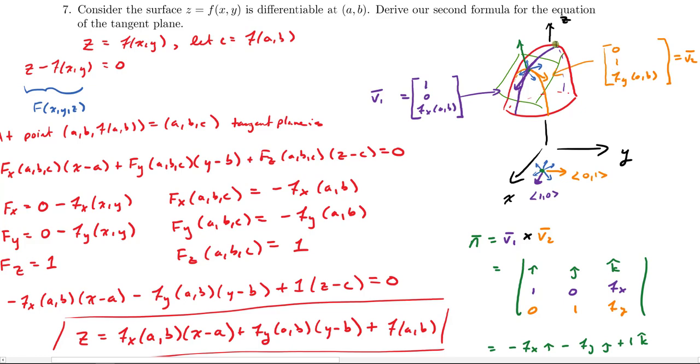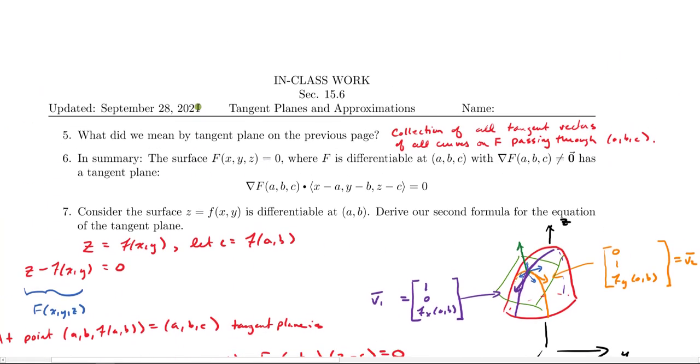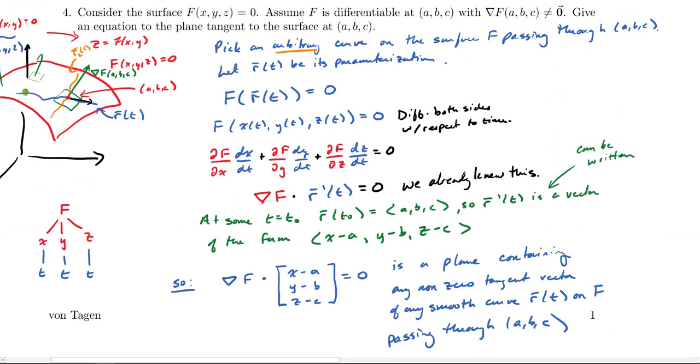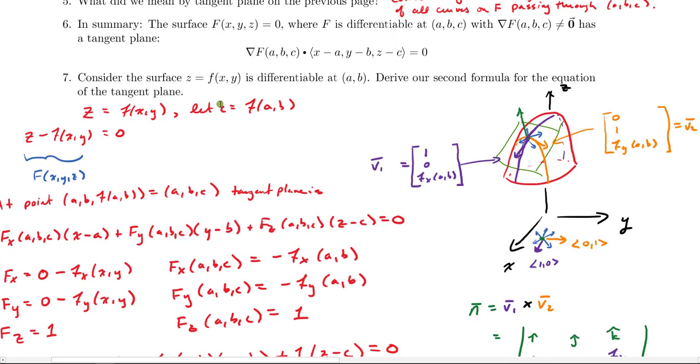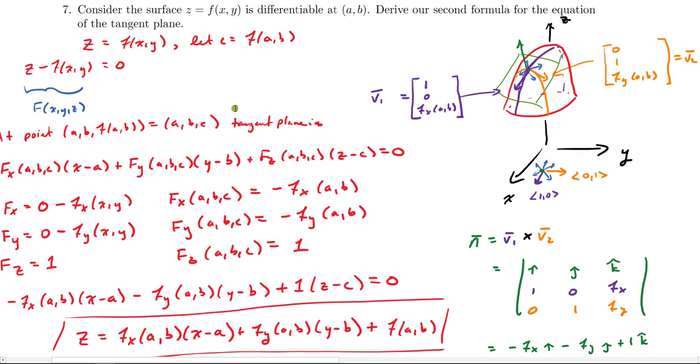That's a slightly different perspective than what we had up here, where we talked about any collection of curves passing through the point of interest, and then computing the tangent vector to the curve, and then constructing the plane that way. Both viewpoints are valid, but the order that we did this in was the necessary order, I think, to be able to come up with both equations. Let me know if you have any questions on that, and I hope you found this helpful.